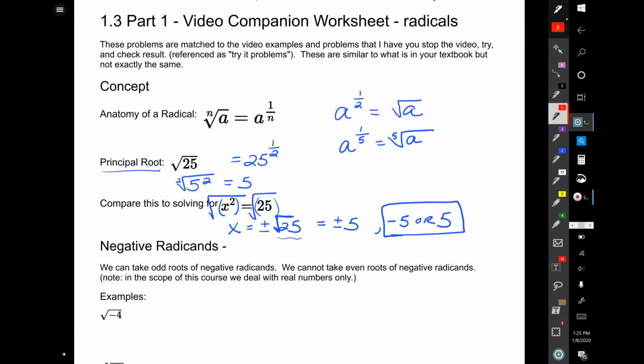I'll just jot down off to the right that if we just have an expression, and I'll write it up here with the principal root, where we have square root of x squared, and we're just crunching the numbers, and we're not solving for anything, then that actually is just going to be the absolute value of x.